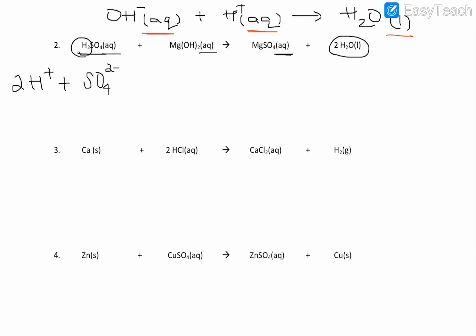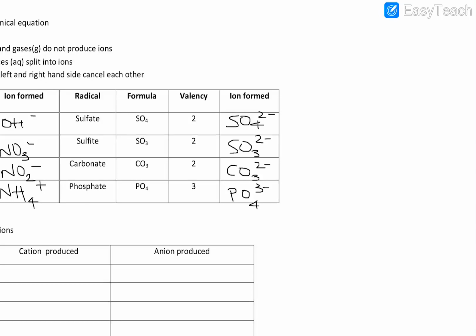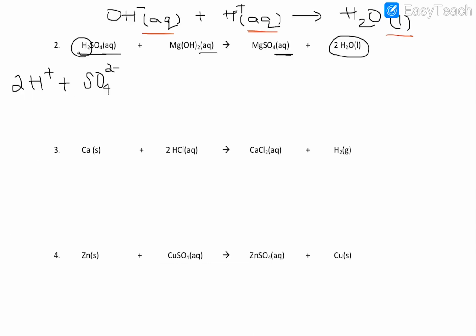Remember we did that on the previous page. So you see here SO4 is the SO4 radical 2 minus, right? So this is why it's SO4 2 minus over here.